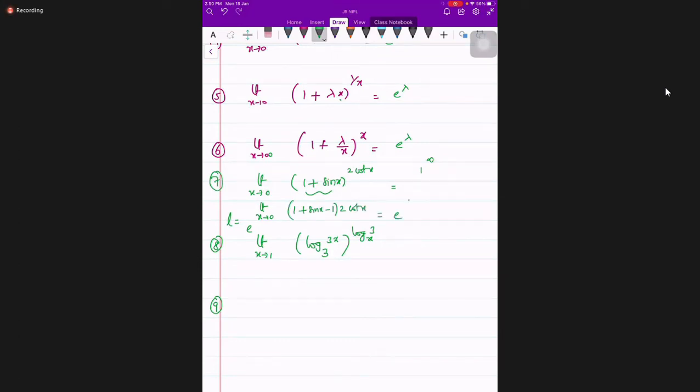So it is limit x tends to 0, sin x into 2 cos x by sin x. Sin x is cancelled. Cos 0 is nothing but 1, so e power 2, e square, is the answer.